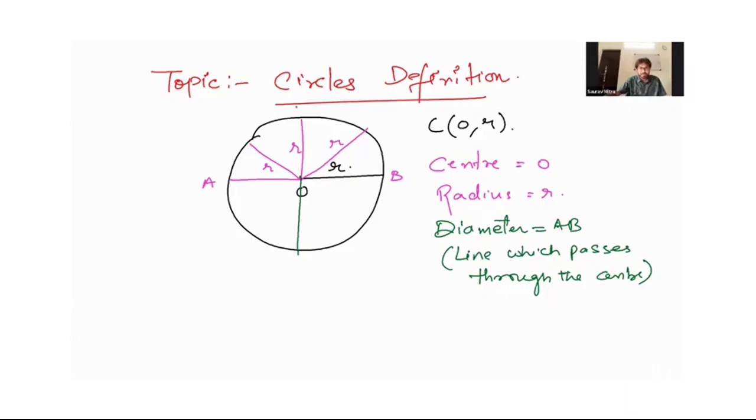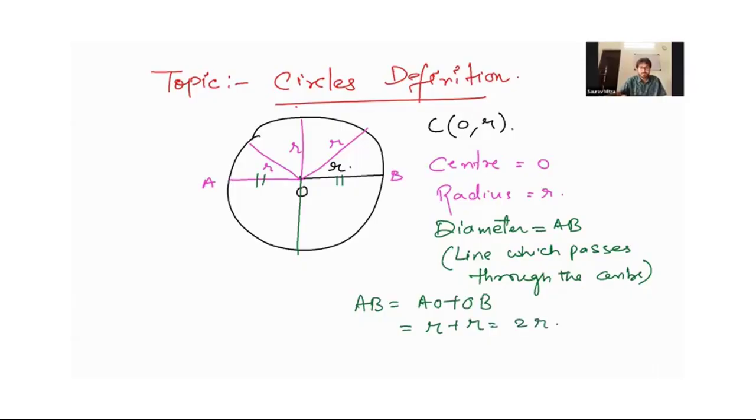Diameter means both sides are equal. If your diameter is AB, we can write it as AO plus OB. AO is r, and OB is again r. So r plus r is 2r.